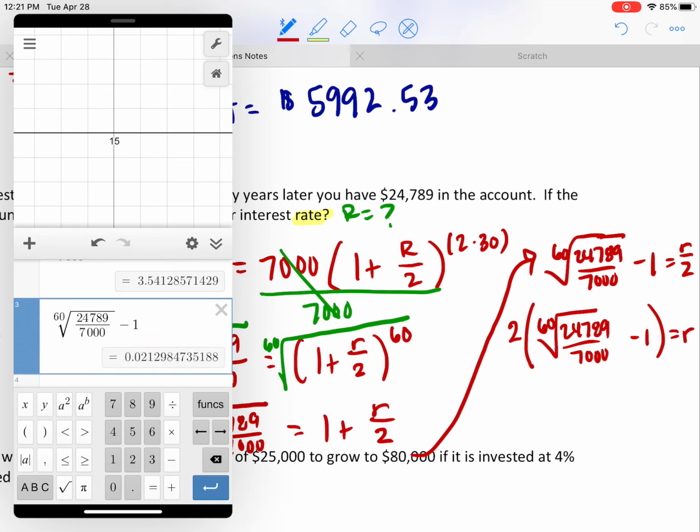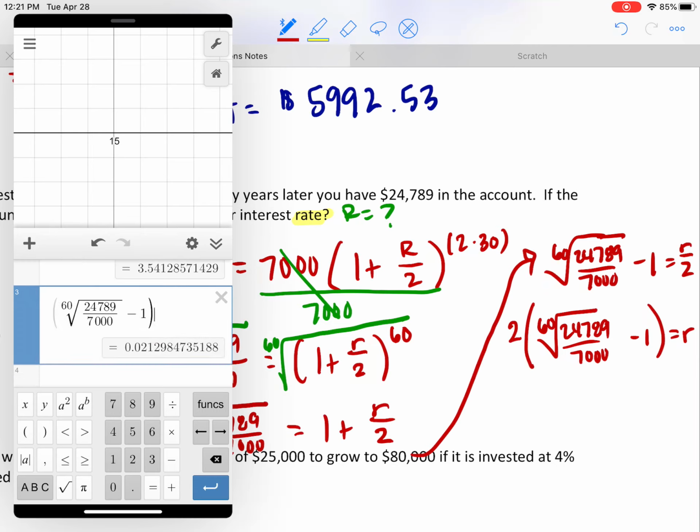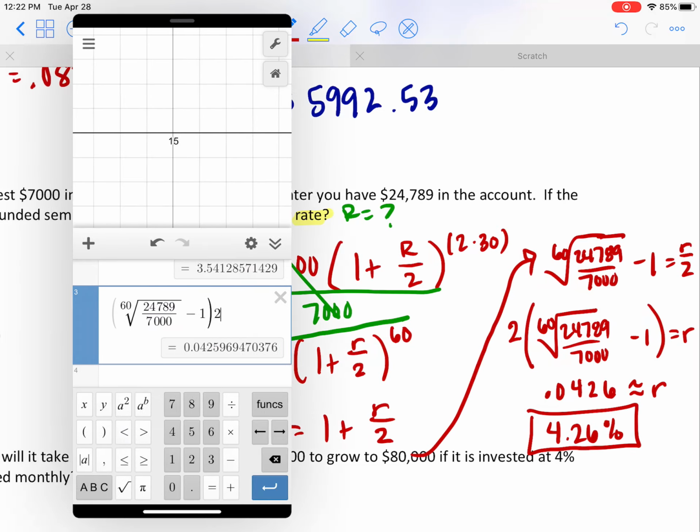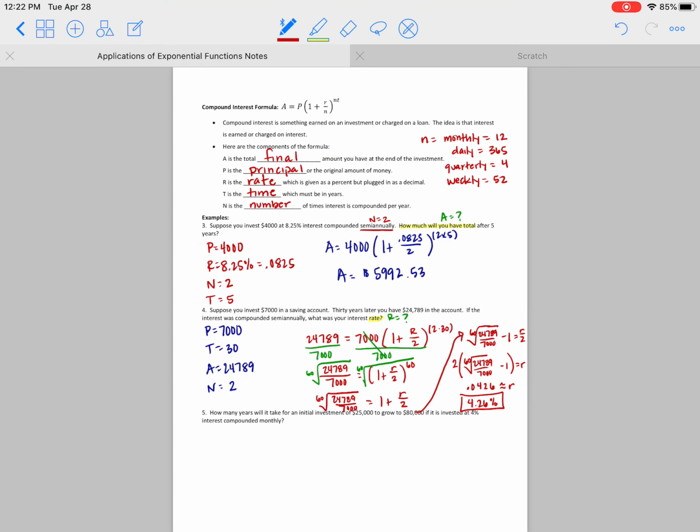So we said the 60th root of 24,789 over 7,000. And then from that, outside of the radical, make sure you're outside of the radical, we subtract 1. And then that whole thing has to be multiplied by 2.